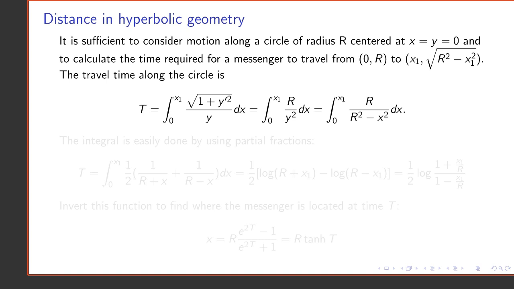In elementary calculus, this is done by the method of partial fractions, though you might say, hey, didn't we do that in class 2? Doesn't this turn out to be an inverse hyperbolic tangent function? Well, yes, it does, but let's do it in the standard way.